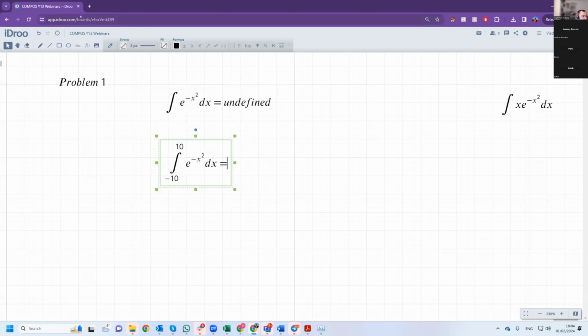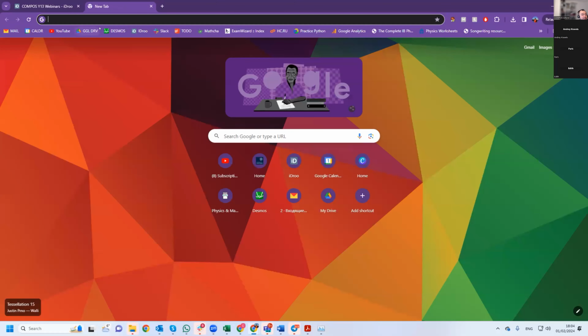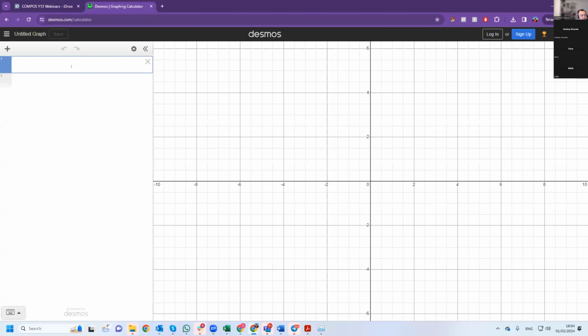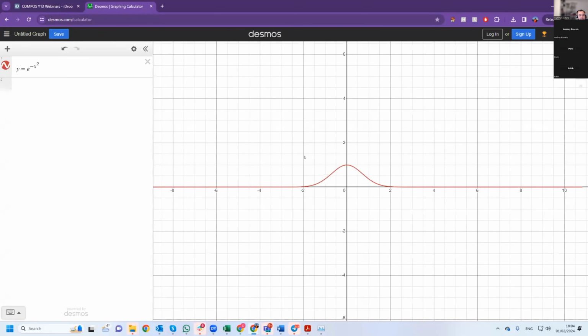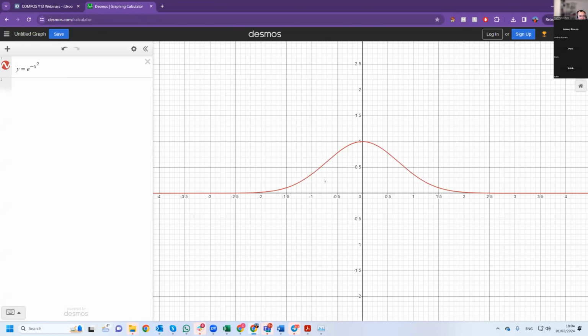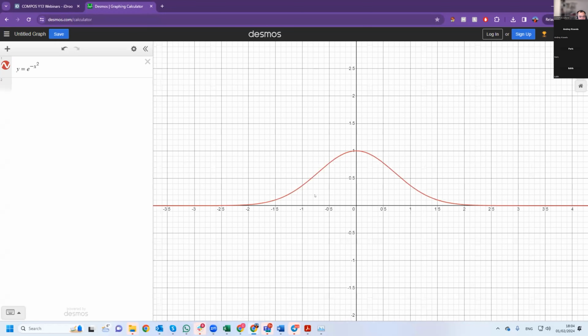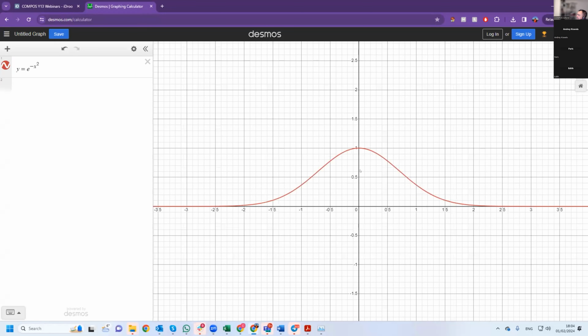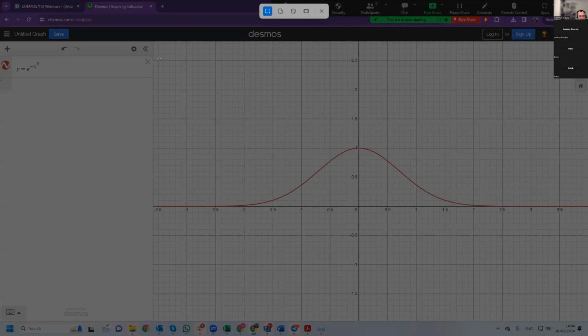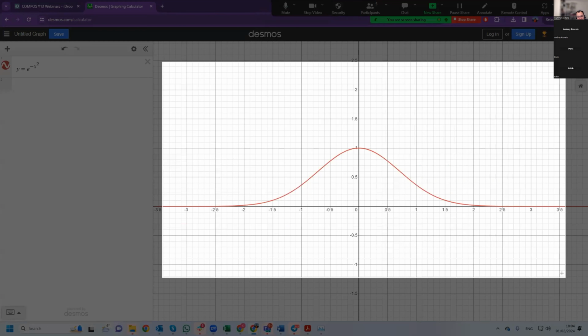Why do I say so? Because if you draw the graph, y equals e to the power minus x squared, it's a normal distribution curve, right? They might not have told you the formula for the normal distribution curve, but here it is.